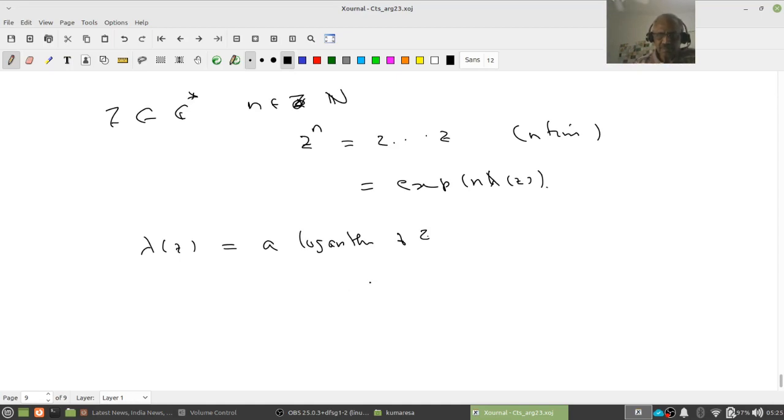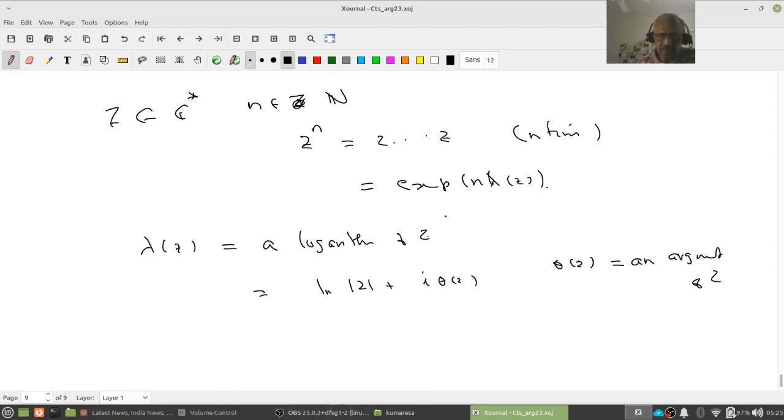Now what is this? We know any logarithm is of the form logarithm of mod z plus i theta of z, where theta of z is some argument of z. Is it okay?